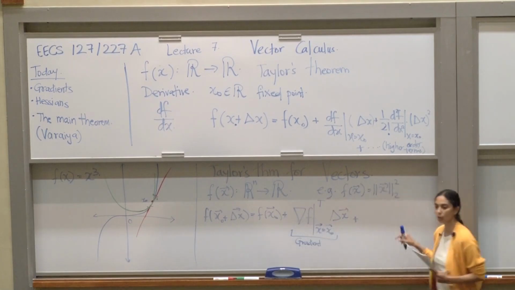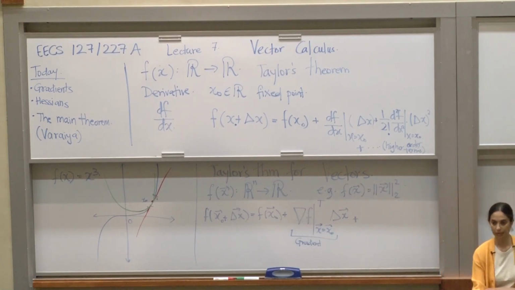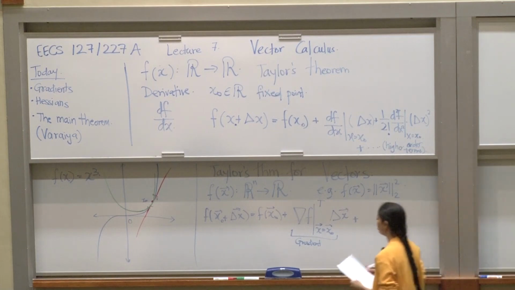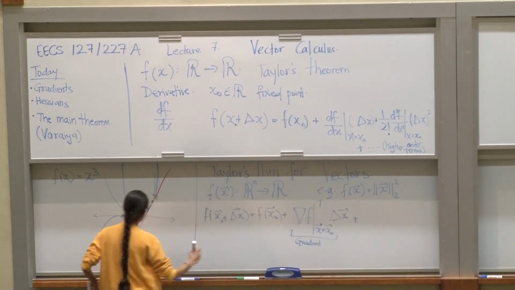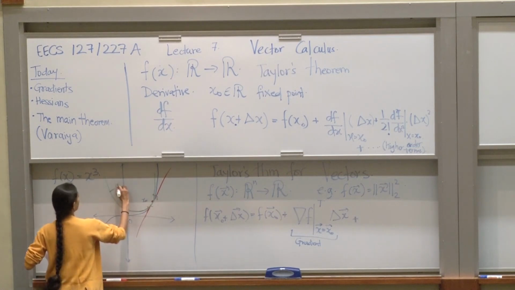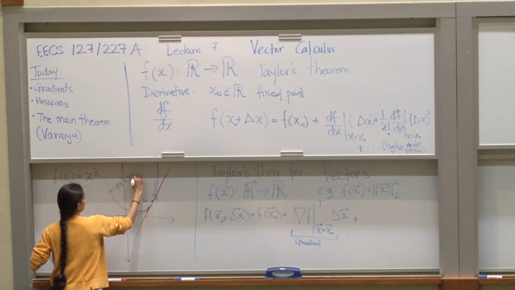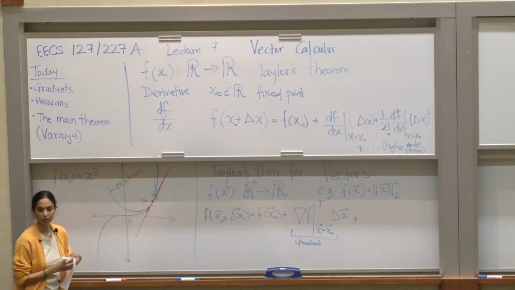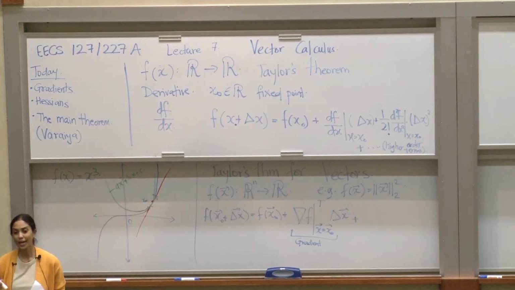And now we want to also add a quadratic term, okay? So what is the parallel to x squared? When I think of a quadratic in a polynomial, I think of something of the form ax squared plus bx plus c, right? Can I write x squared for a vector?